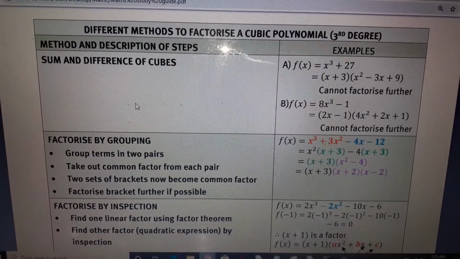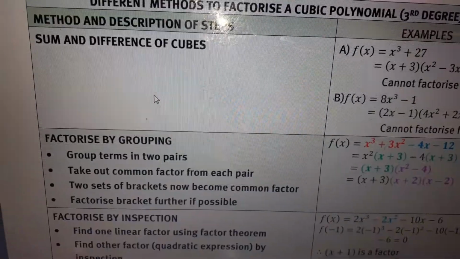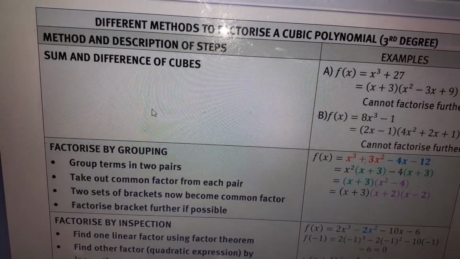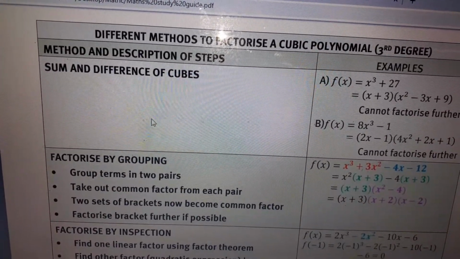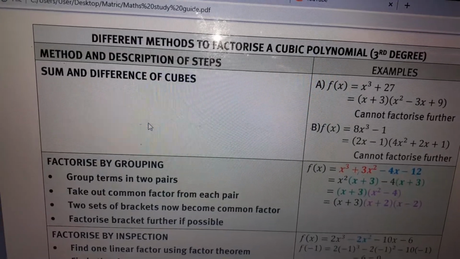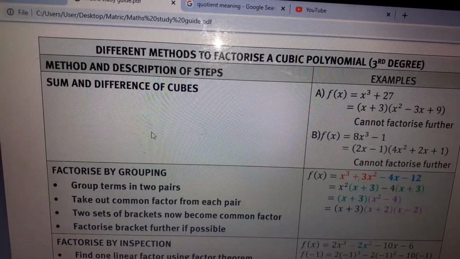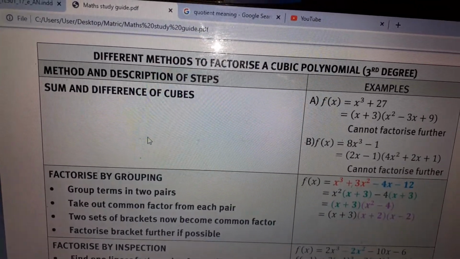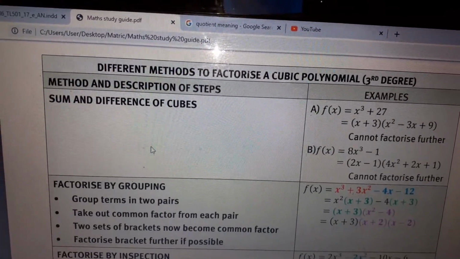So let's start with factorization by grouping. For factorization by grouping, group terms in two pairs. Then take out the common factor from each pair. You get two sets of brackets that become a common factor. Then we factorize the brackets further if possible. Those are the steps here.